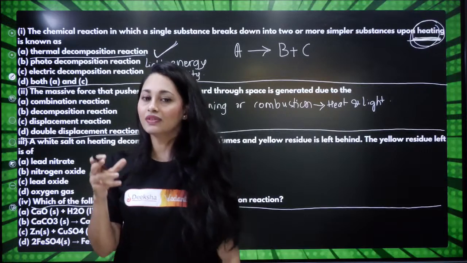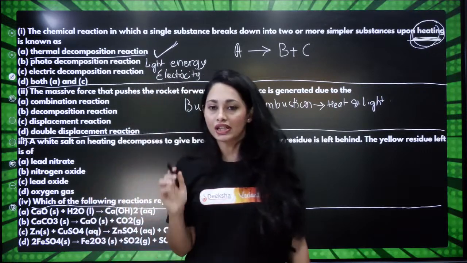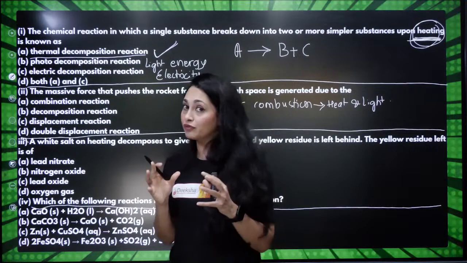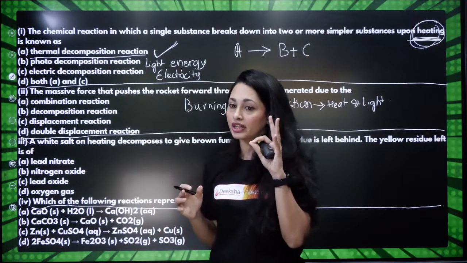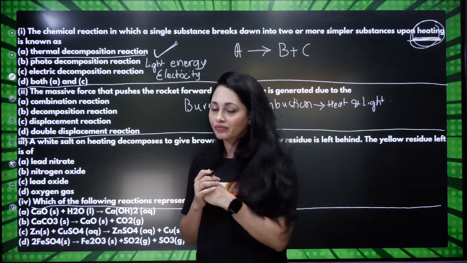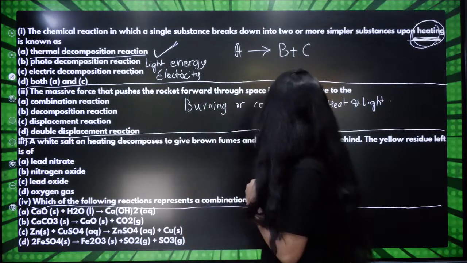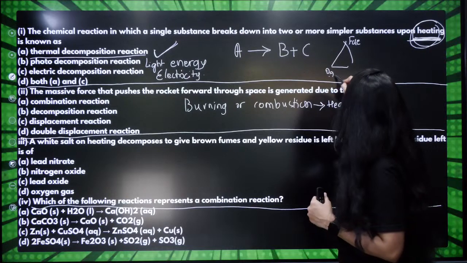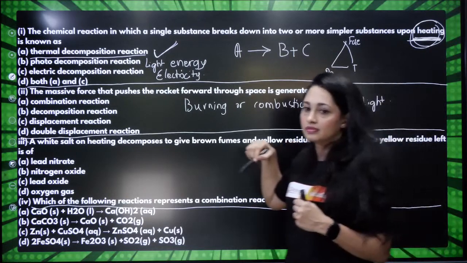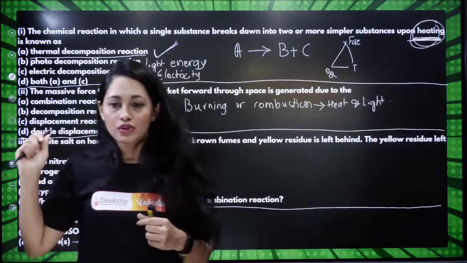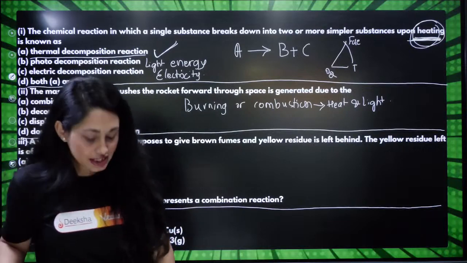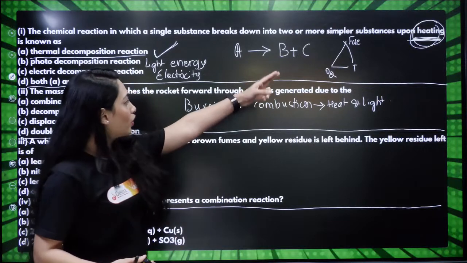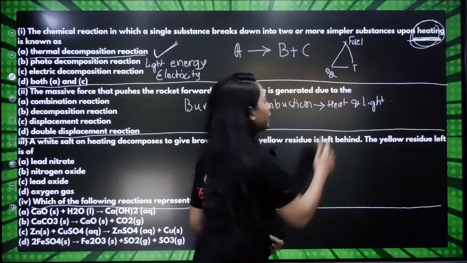Combine with oxygen, that is a combustion reaction. What is important for combustion? There are 3 most important things. What is it? Fuel, oxygen, temperature, right? Fire triangle. So, for combustion to happen, these 3 are very important: fuel, oxygen and temperature.